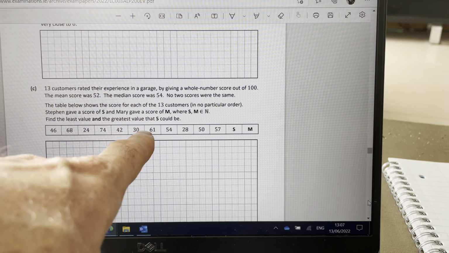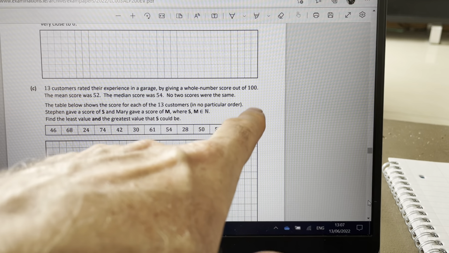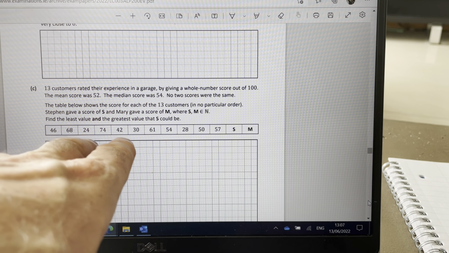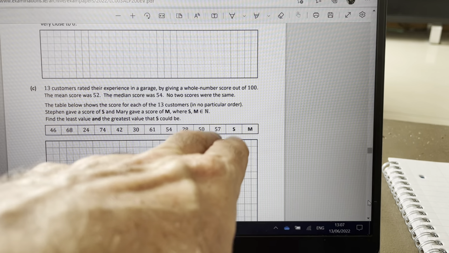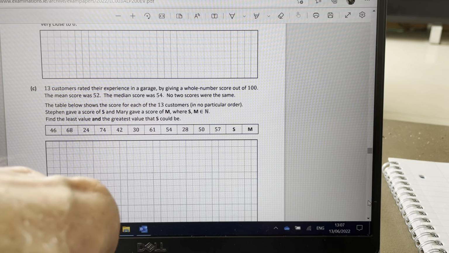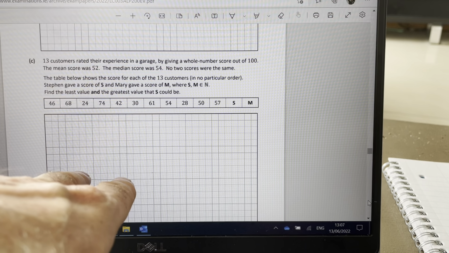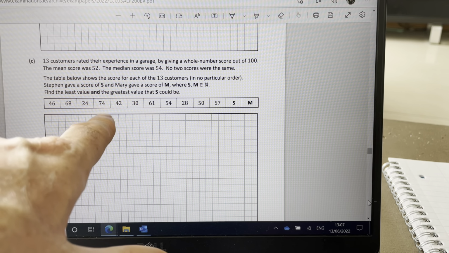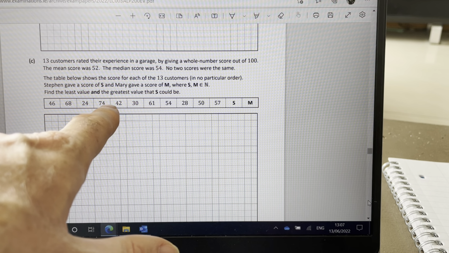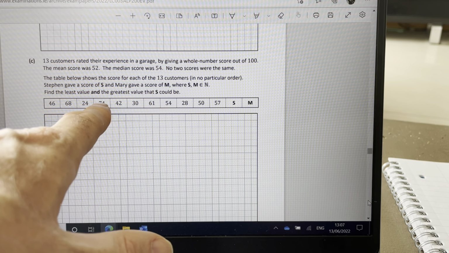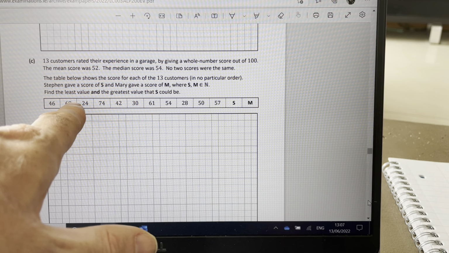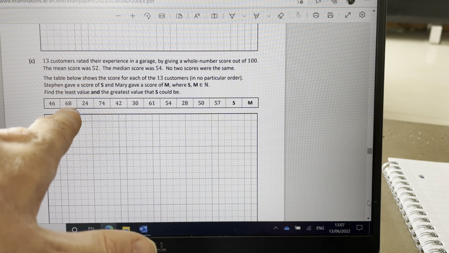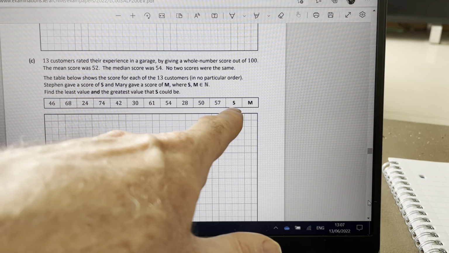So there are two possible values. One is where S is down in the lower quartile and M is up in the other quartile, and the other where they're flipped. So that would be the way you do it. If S is down there, the least value that S could be is where it's as low as possible in that quartile, while M is way up there.